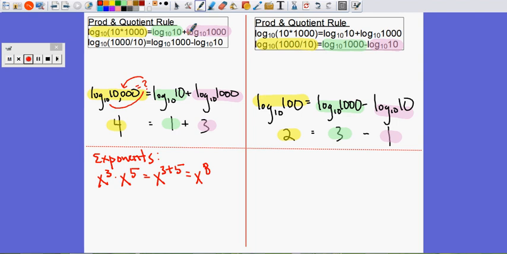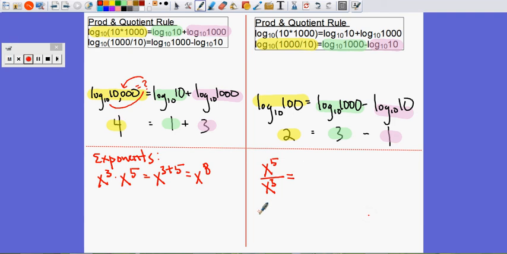Now when it comes to division of exponents, let's pretend we have x to the power of 5 over x to the power of 3. You guys heard me say this a million times: we have 5 x's on top, 3 x's on bottom.